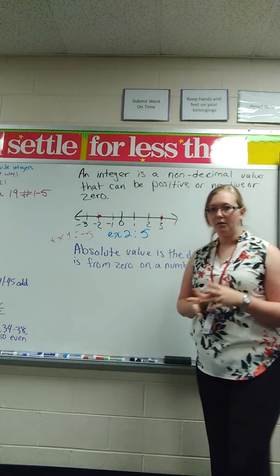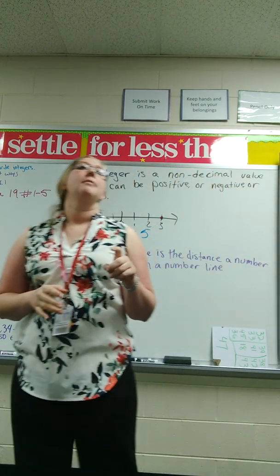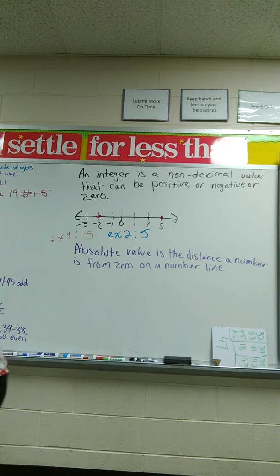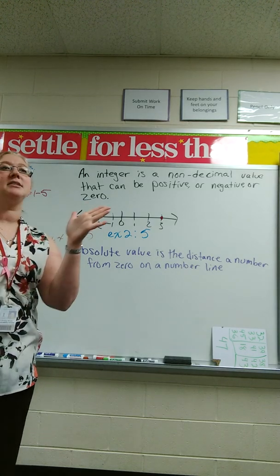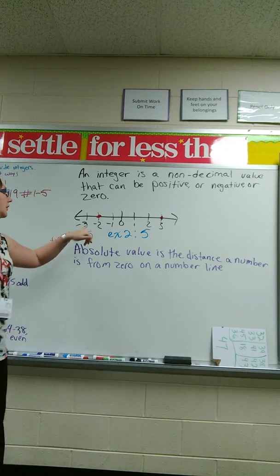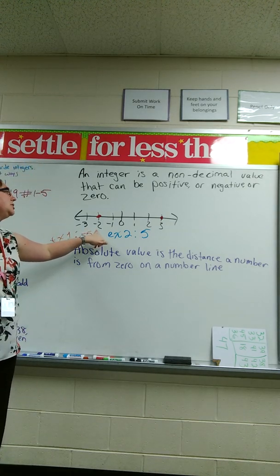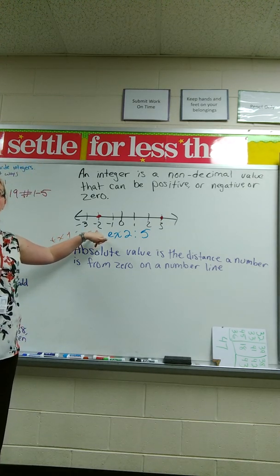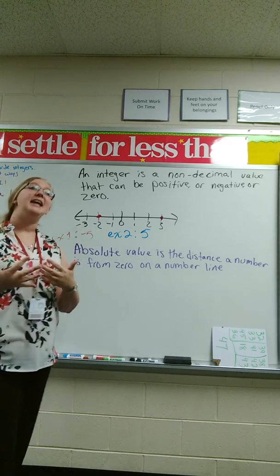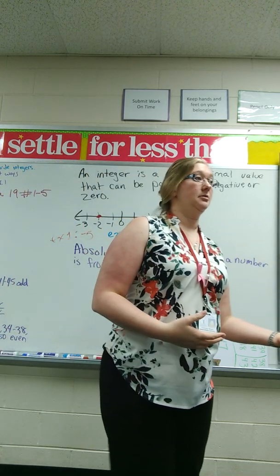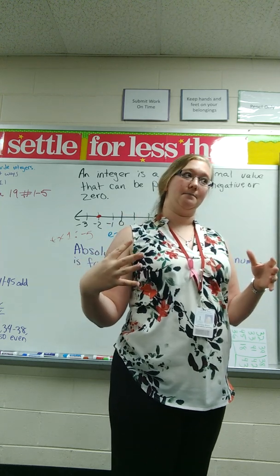So in distance, distance has to be a positive value. So if I'm looking at negative 2, it is 2 spaces from 0, correct? Yes. Then the negative would refer to our direction, not a quantity.